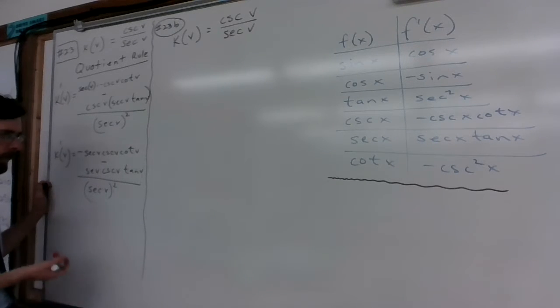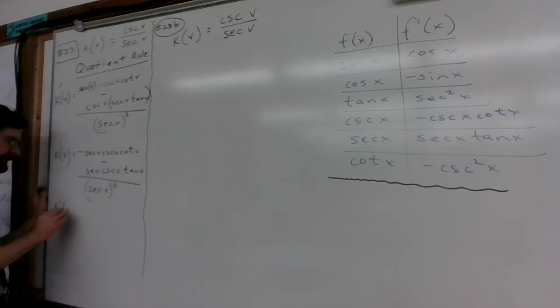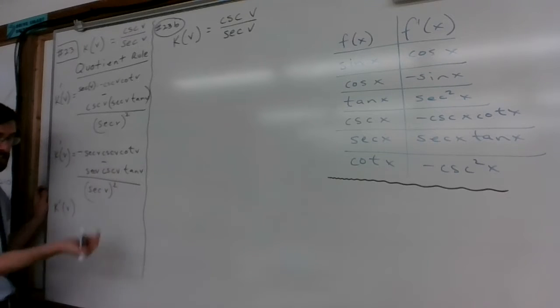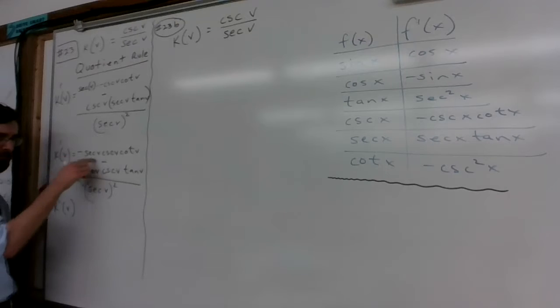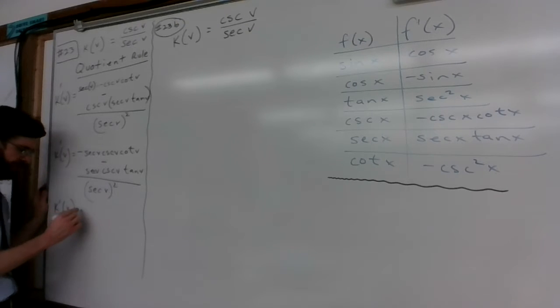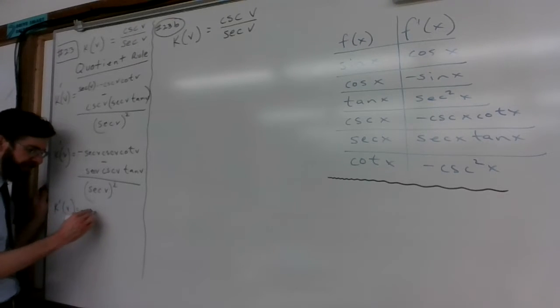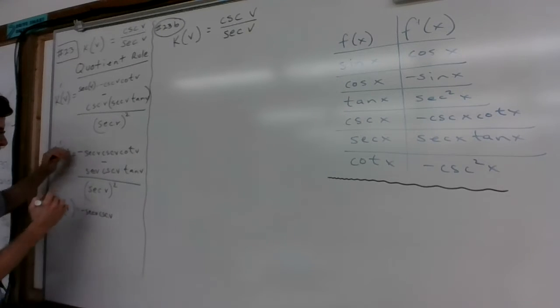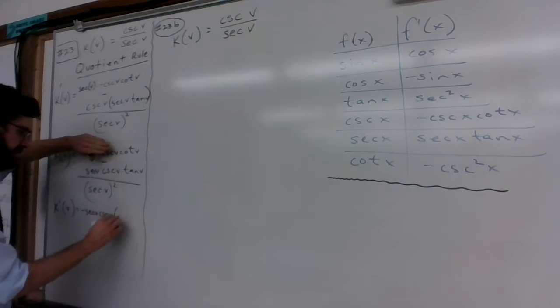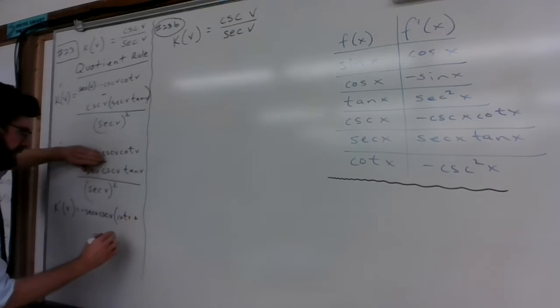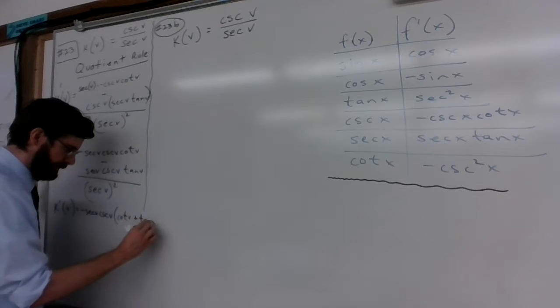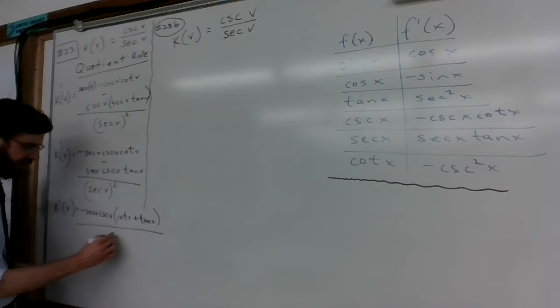Now the question is, what kind of simplification can come from that? I guess they both share a secant, cosecant. Why don't we factor out a negative from both of those and then this as well? So negative secant of v, cosecant of v, and that's going to give us, it divides this out, so give me cotangent plus tangent. Still divided by secant squared of v.